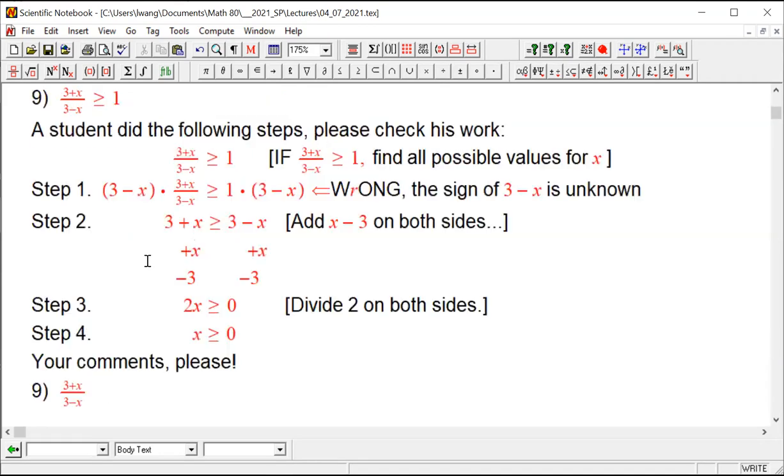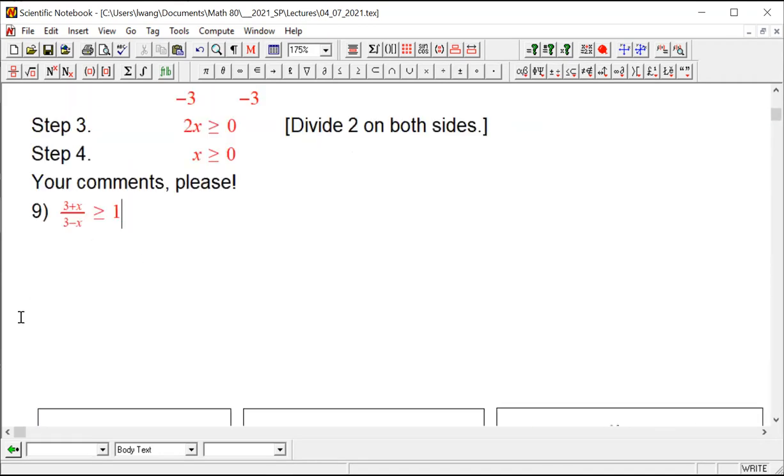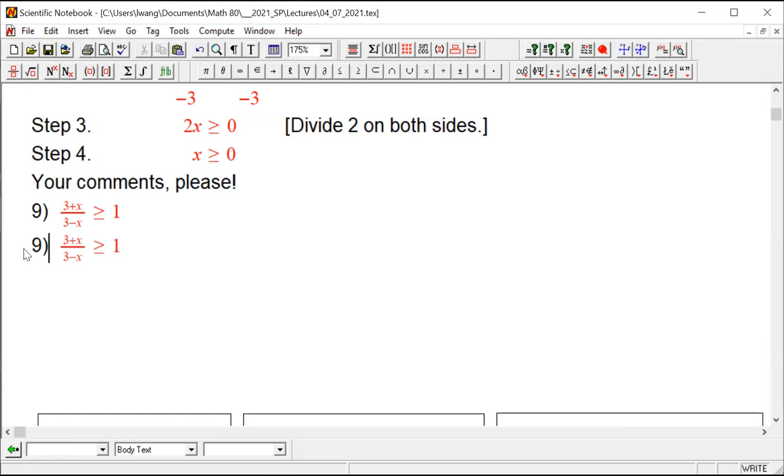If you look at number 7 and number 8, one side is 0. Sometimes it's greater than 0, sometimes greater than or equal to 0, sometimes less than 0. There's no 0 here, so we're going to make 0. How do we make 0? We subtract 1 on both sides.